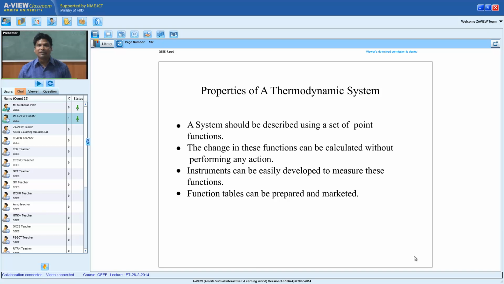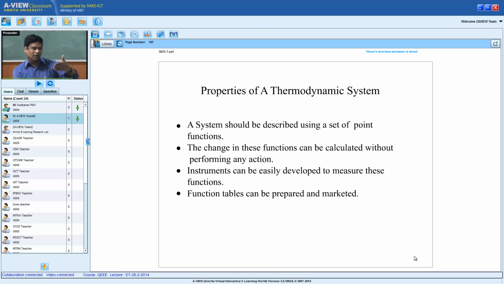You go to any industry which is making turbines. They are making, day in and day out, crores and crores worth of turbines. They may be supplying all over the world, but they will not measure the steam properties every day, to see what the property is if the pressure is this and temperature is this. No, no, no. They'll buy from a standard organization and they'll get the tables. Now, I want to design a turbine at this pressure and temperature.